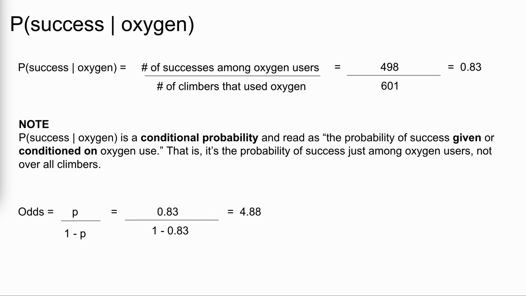The result being, by plugging in the probability of success given oxygen over 1 minus that probability, we get an odds of 4.88. That is, if a climber uses oxygen, their probability of success is nearly 5 times their probability of failure.